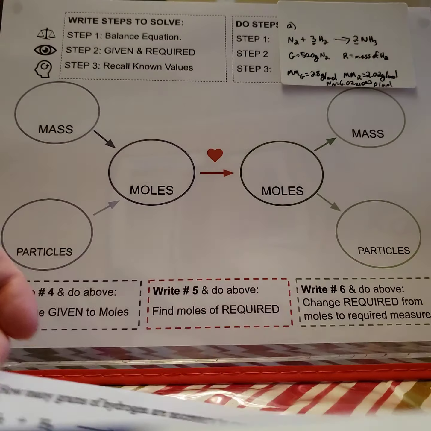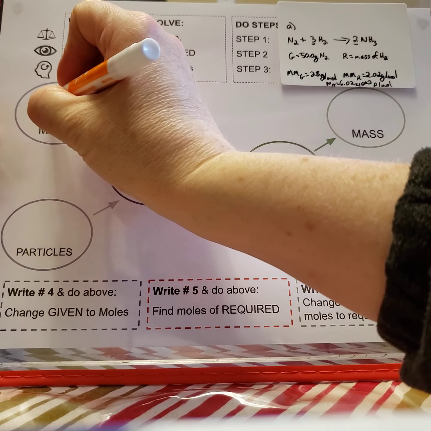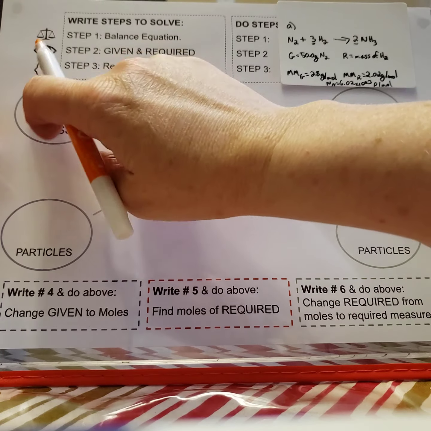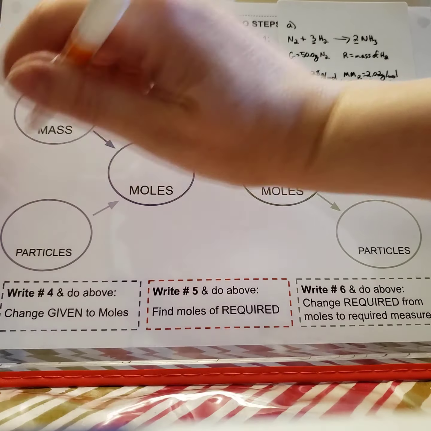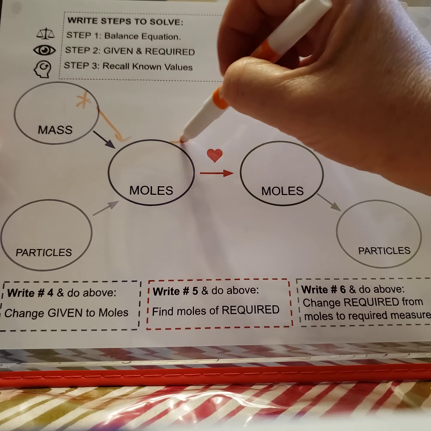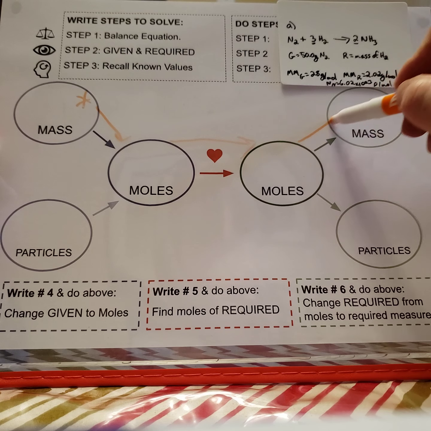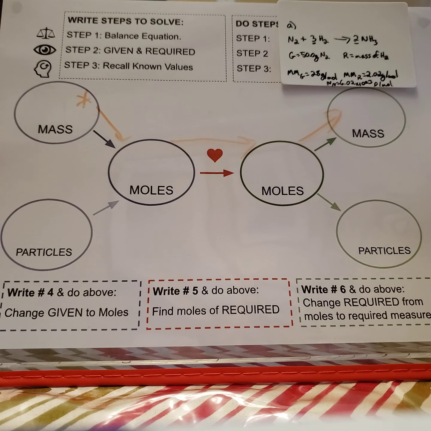All right, so we are ready to solve this problem. We are starting from a given mass. We've got our 50 grams. I want to just use the orange to say we're starting from the mass. We always have to go this way, then we have to go this way, and then where do we want to get to? Well, in this case, they are requiring the mass. This is a mass-to-mass problem, and I'll use the black so you can read it a little bit better.